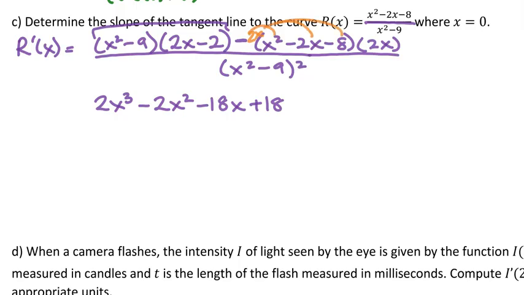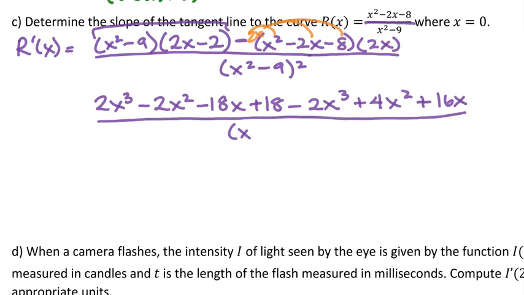So I'm distributing in a negative 2x, and that's going to give me a negative 2x cubed, and then it will become a plus 4x squared and a plus 16x. That's all over x squared minus 9, squared.